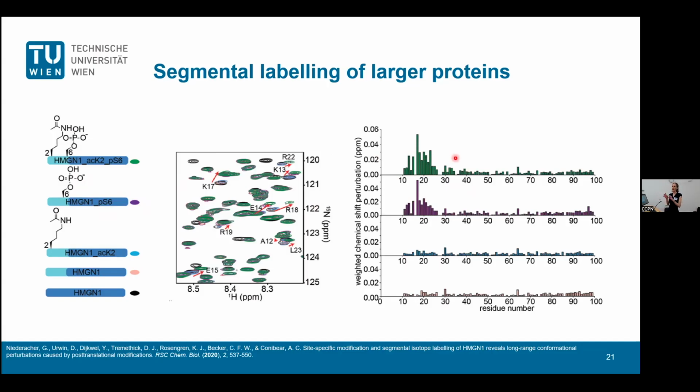And I'm now trying to make differently synthetic, segmentally labeled variants of it to see really which modifications are causing these shifts, and if that means anything in terms of folding and in terms of nucleosome binding.